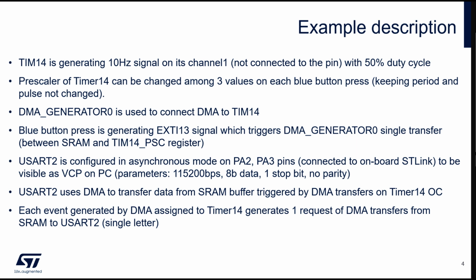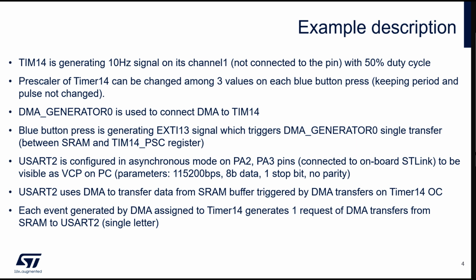USART 2 is configured in asynchronous mode on PA2 and PA3 pins, which are connected to onboard ST-Link, and this interface should be configured as 115,200 bits per second, 8-bit data, 1 stop bit, and no parity. USART 2 additionally uses DMA to transfer data from another SRAM buffer called TX data or TX buffer, to transmit character by character one string to the terminal output.